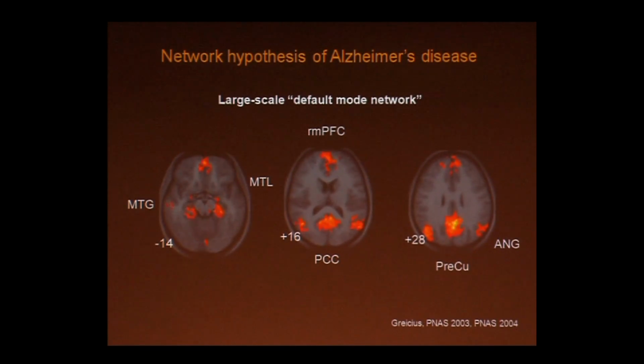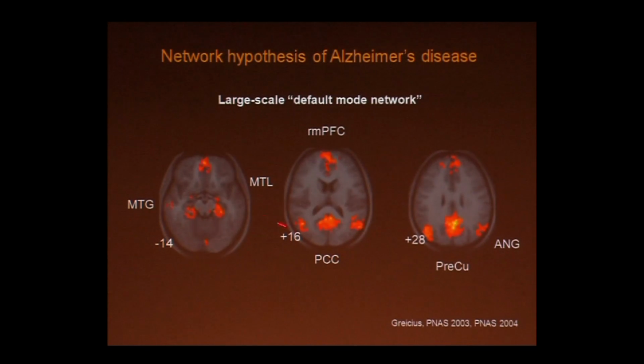So what Dr. Greicius did here is he took this region right here in the posterior part of the cingulate gyrus, a key node in the memory network, and he asked the data, well, which regions in the brain seem to be co-varying over time with this posterior cingulate node in the circuit?